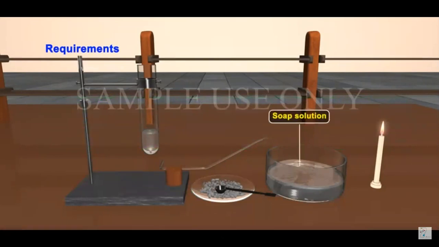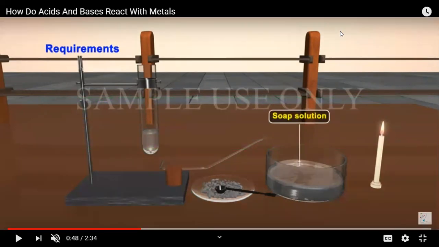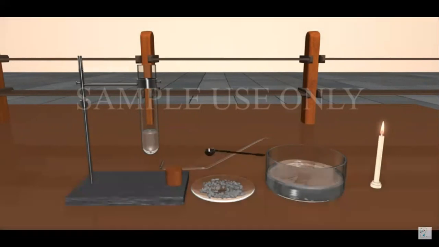Also, you need a tub. Now the chemicals required for the activity are zinc granules and dilute H2SO4, dilute sulfuric acid, for the reaction, soap solution, and also we are using a candle for the experiment. So let's start.